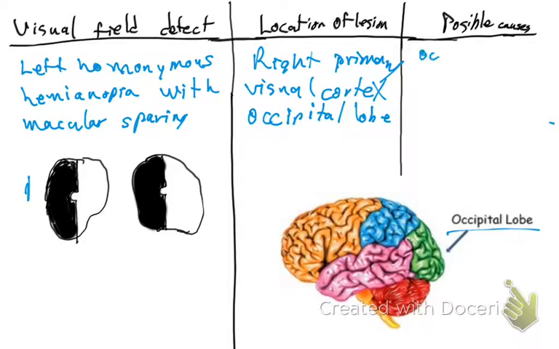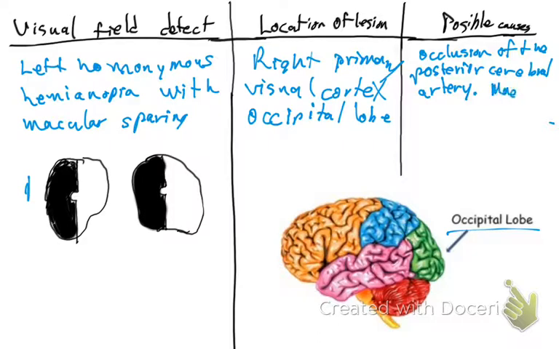It is going to be occlusion of the posterior cerebral artery. And the macula is spared due to collateral blood from, where do you think that comes from?